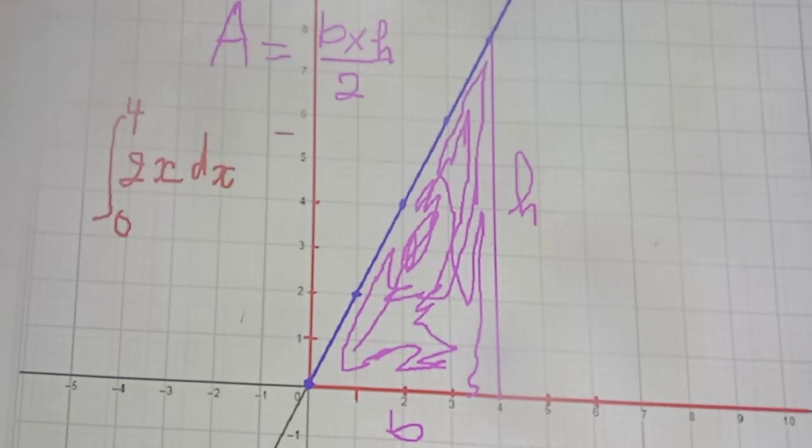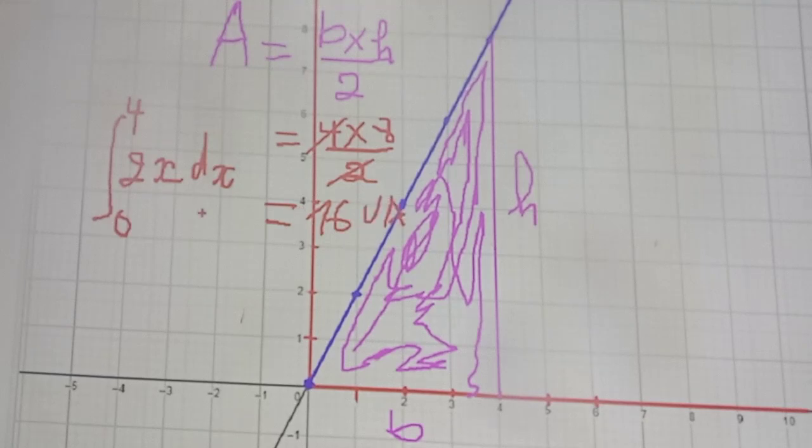It means base is 4 units, and height is 8, as you see, divided by 2. The answer will be, we simplify here, 2 times 8 is 16 units of area. Now, you see that we have 16 units of area.